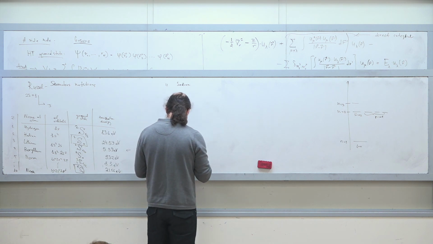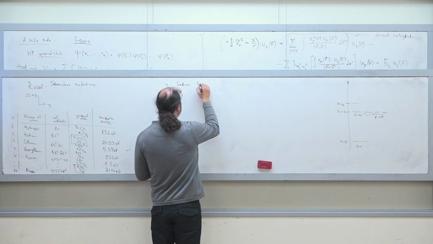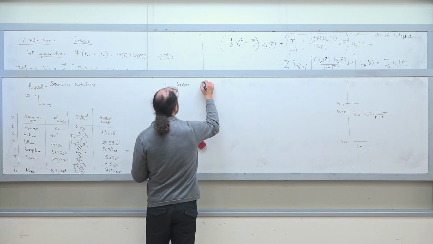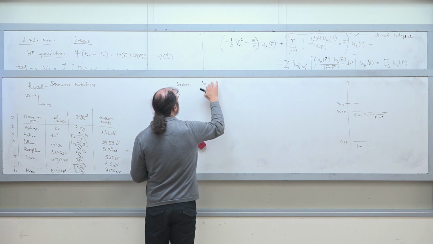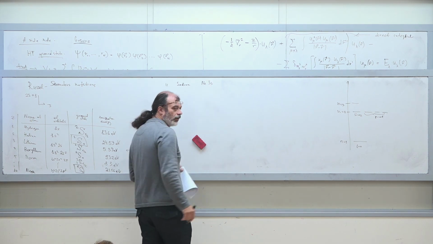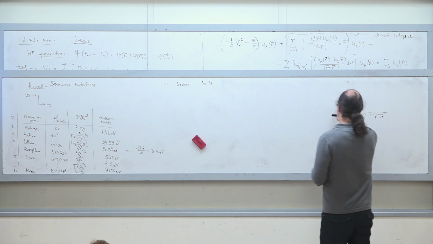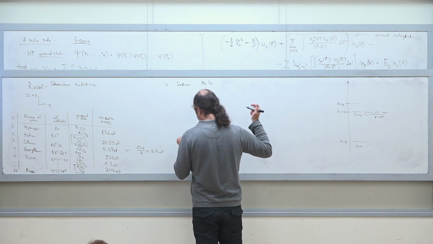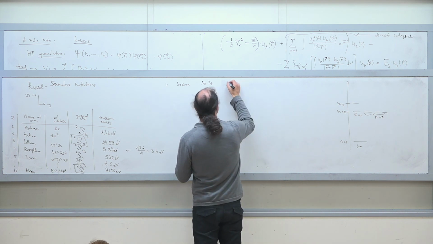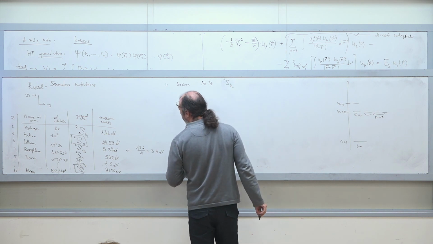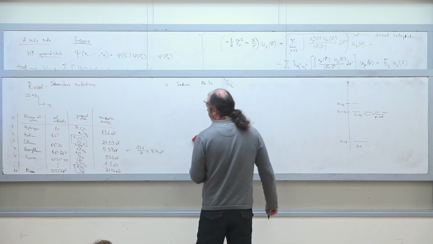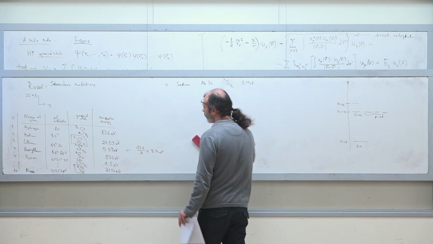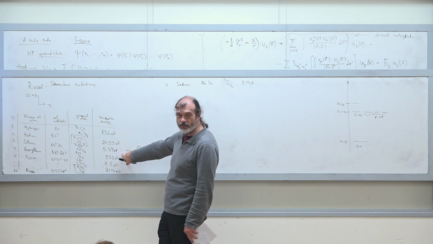It has 1s2, and so on. So this is neon plus a 3s electron, one electron on principal quantum number 3. And now we get the notation 2S1/2, and the binding energy here will be just 5.14 electron volts, which is not that far from the binding energy of lithium.